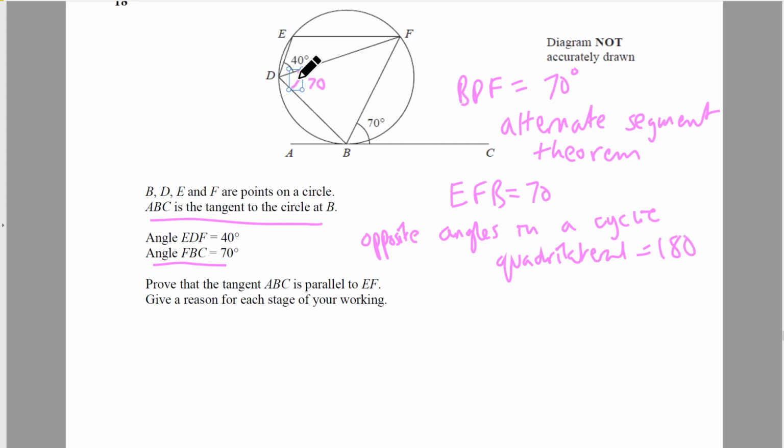So can you see this 110 here? Can you see the quadrilateral? So that must be 70. Do show your working out. 180 minus 70 plus 40 equals 70. So you've just got another method mark there.